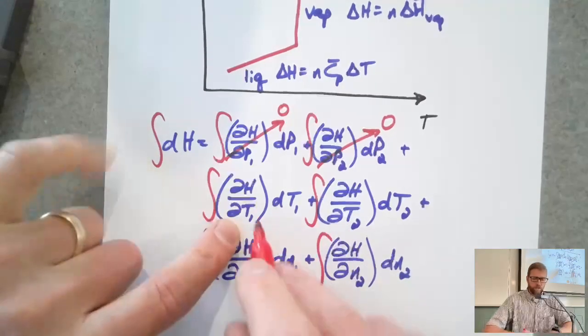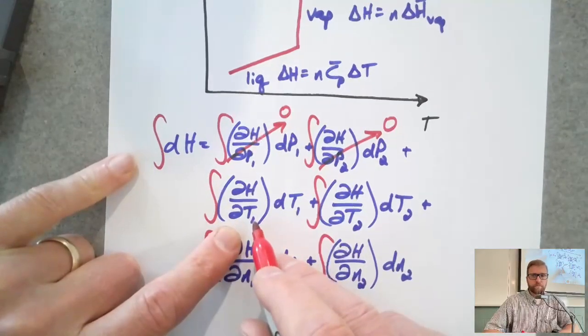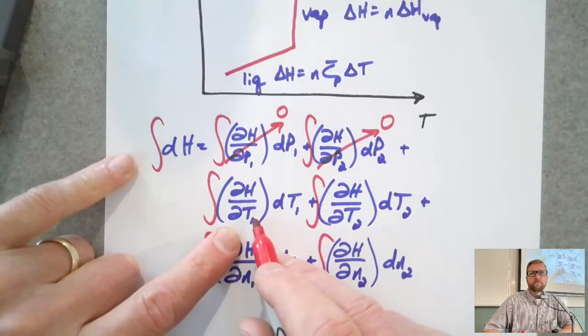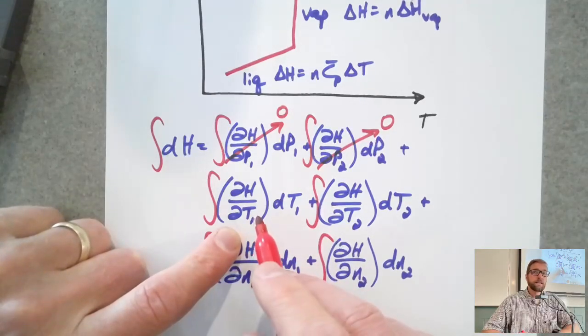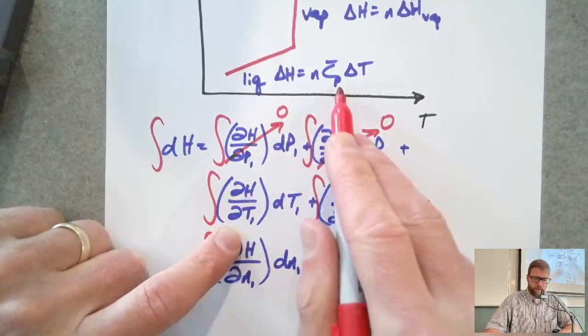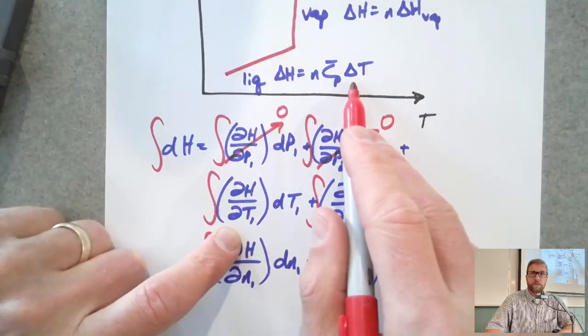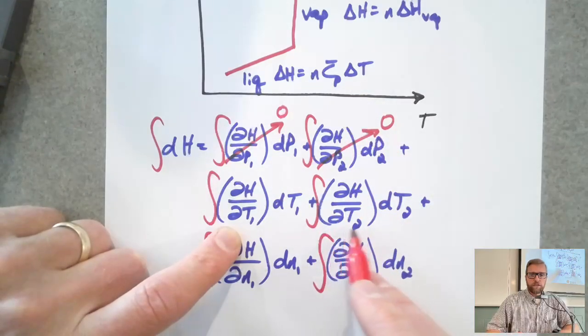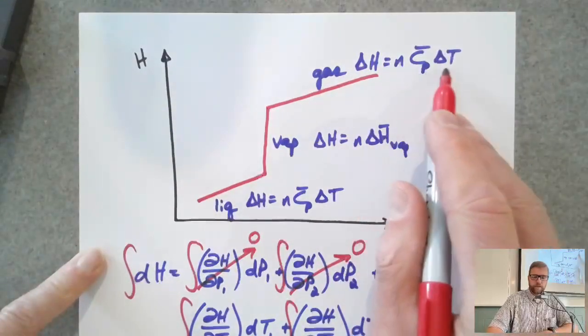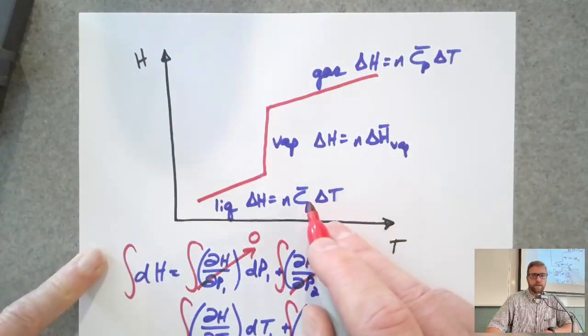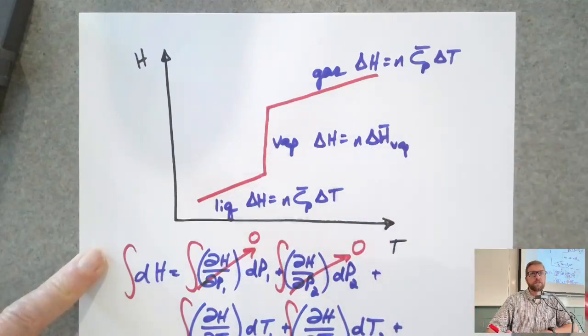So notice what these two terms turn into. What is this one going to turn into? Yeah, given that Cp is constant, you can pull it out of the integral, and then you get NCp delta T. Given that this one is constant, you pull it out of the integral, and you get NCp delta T, where this would be phase 1, that would be phase 2.